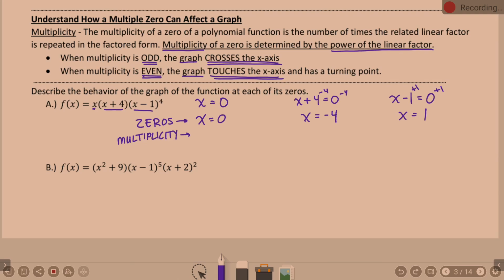When we took the factor x minus 1 and set it equal to 0, what was the power of that factor? x minus 1 in the original function had a power of what? 4. So it has a multiplicity of 4. And on my notes, I just wrote it as m equals 4. It's the power from that factor.